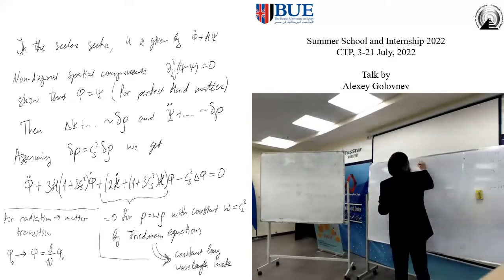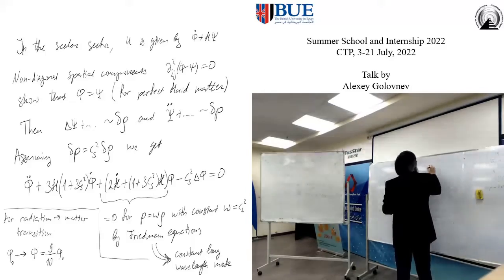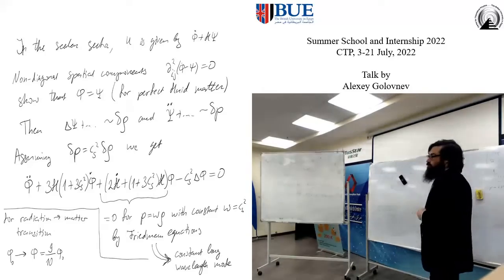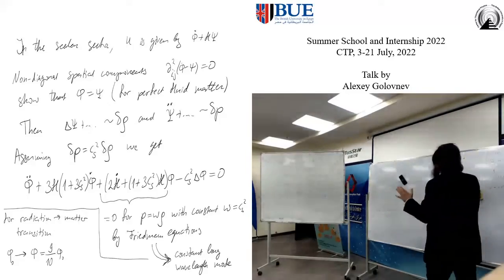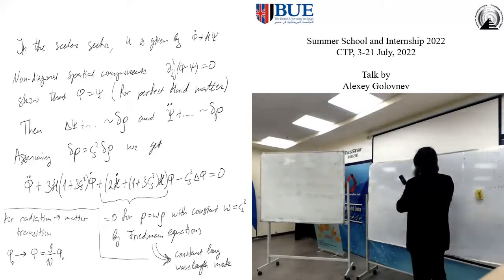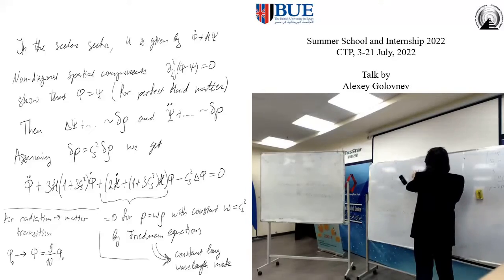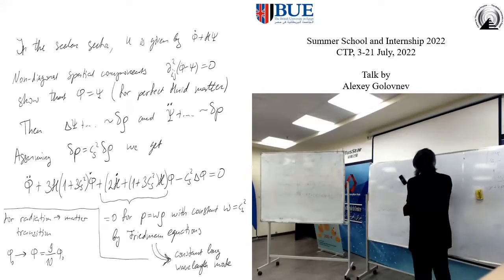Which means that for i not equal to j, the second derivative of phi minus psi must be equal to 0 by the equations of linear perturbations. And as I told previously, I'm doing perturbation theory, just some small perturbations. So if my second derivative is 0, I just solve that like phi equal to psi.